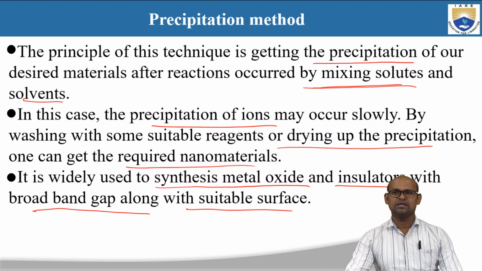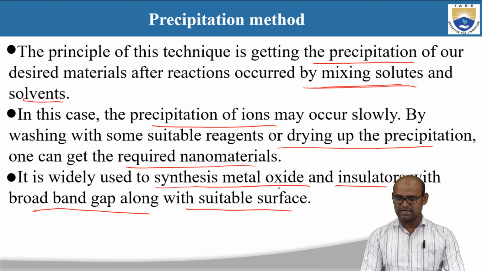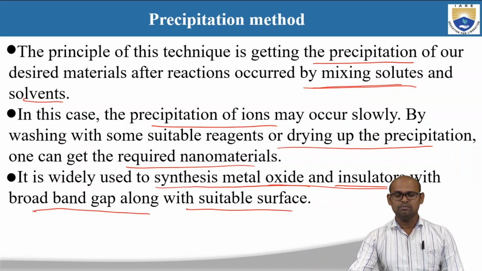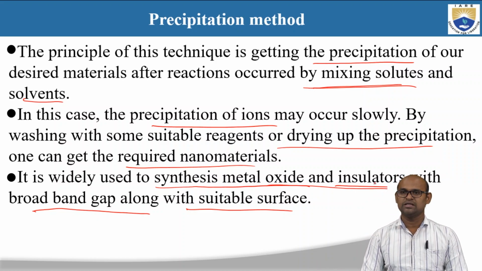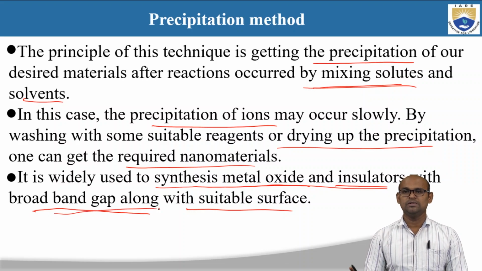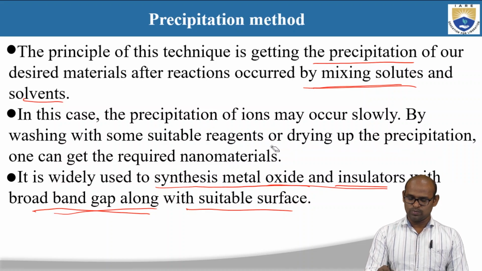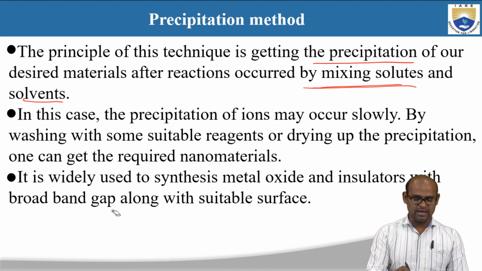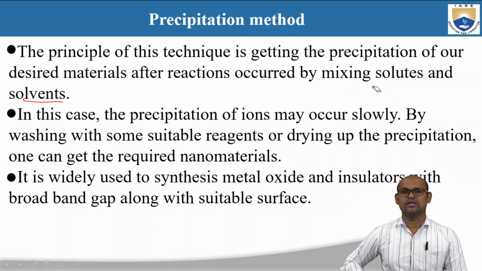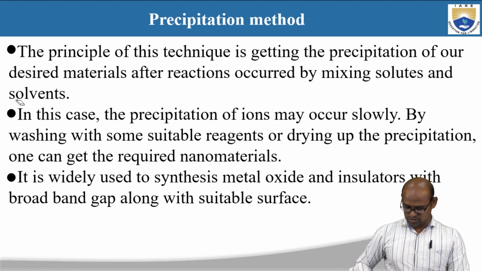So the precipitation method is basically used to prepare metal oxide and insulator nanomaterials as in the combustion method, but here we can prepare them with broad band gap with suitable surface.